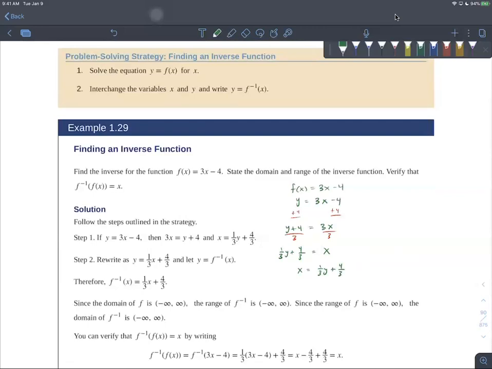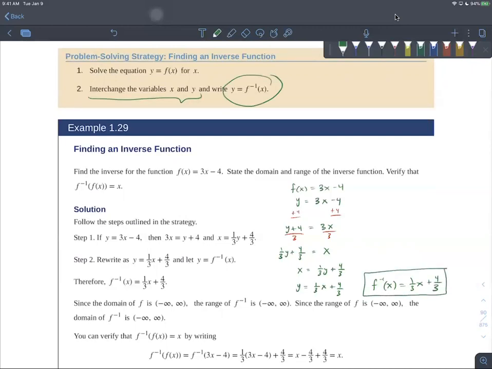And now we can interchange the variables x and y. So y equals 1/3 x plus 4/3. And then write y as f inverse. So we'll use the notation, instead of y, we'll write it as f inverse of x equals 1/3 x plus 4/3. And this is the inverse function.